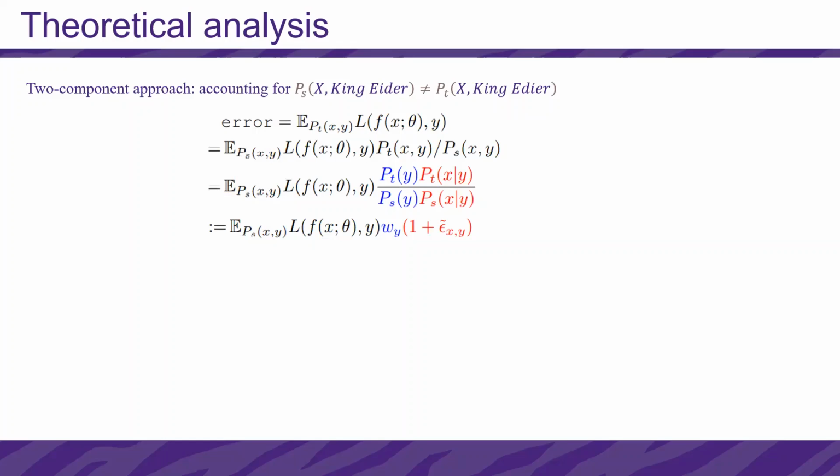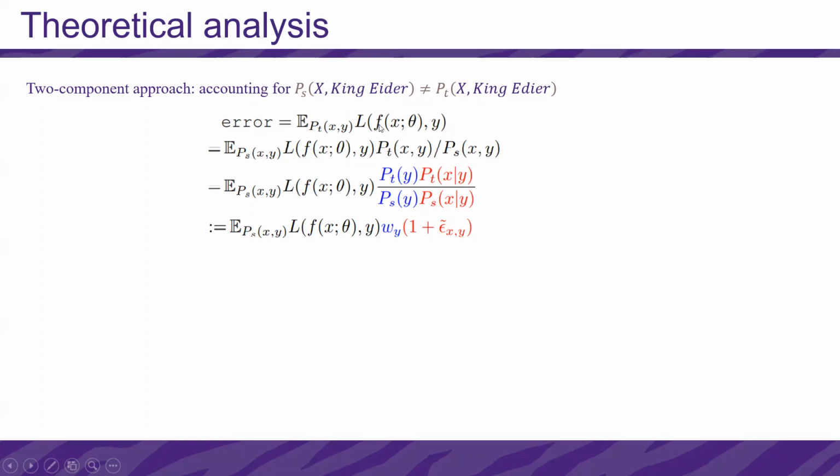So in this paper, they are going to account for this: the distribution of data given kingfisher from the source domain is different from the data given kingfisher distribution on the target domain. And here are the equations. This is the error, the loss function.